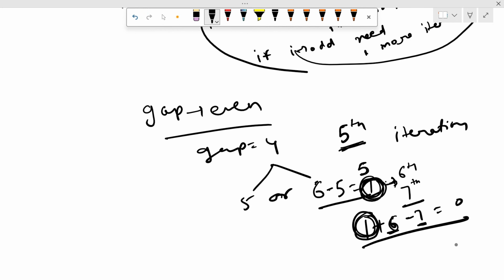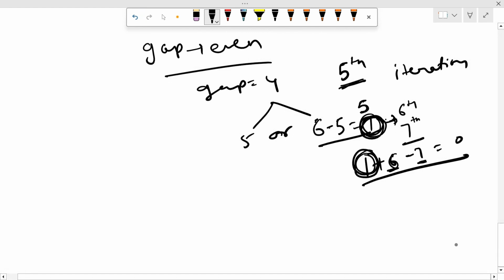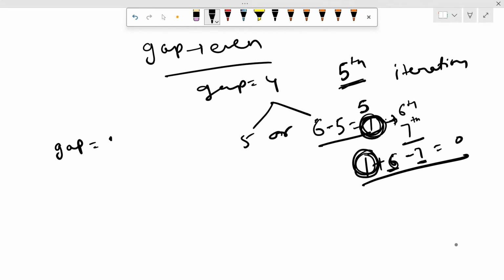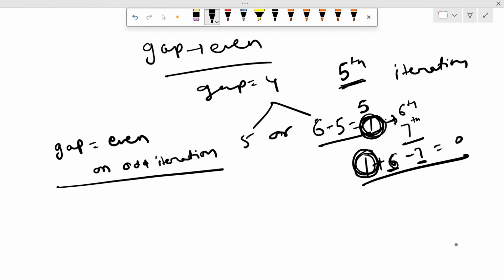Okay, so here what we see is our gap is even, and we are on an odd iteration. Okay, so in this case, we need three more iterations.